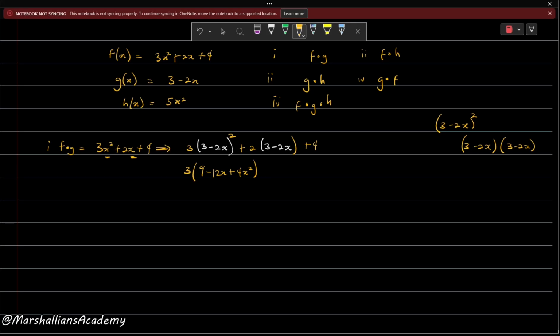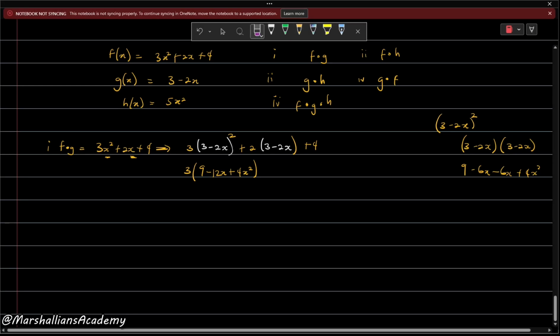So you should be having 9 minus 12x plus 4x squared. For those that don't know how to FOIL, 3 times 3 is 9. 3 times minus 2x is minus 6x. Minus 2x times 3 is minus 6x. Minus 2x times minus 2x is plus 4x squared, which takes us to 9 minus 12x plus 4x squared. I believe you should understand that now.